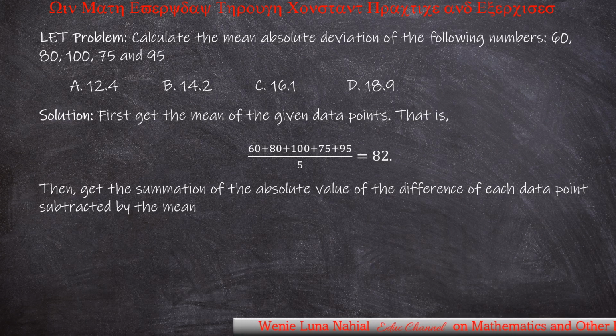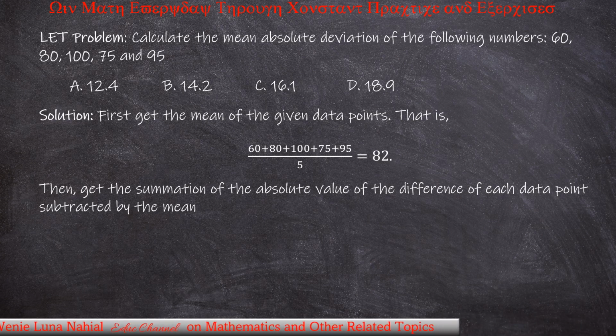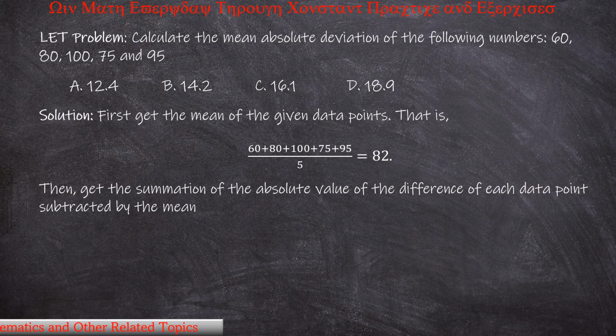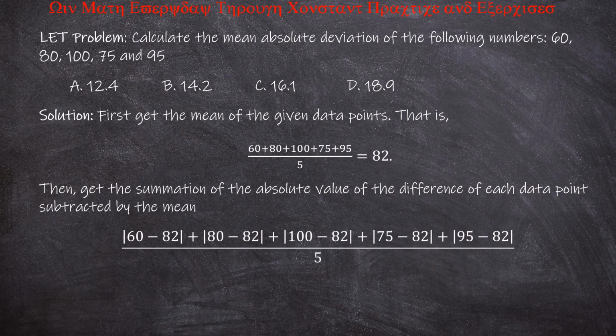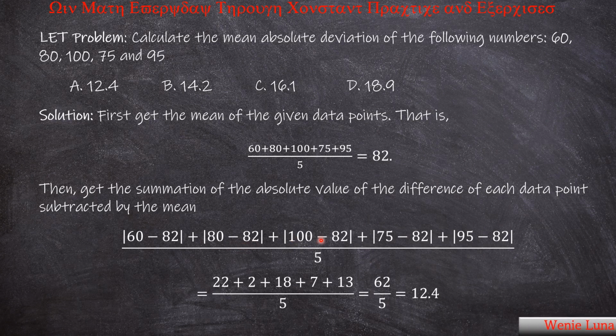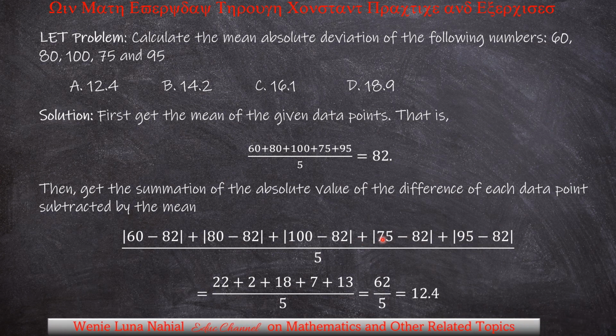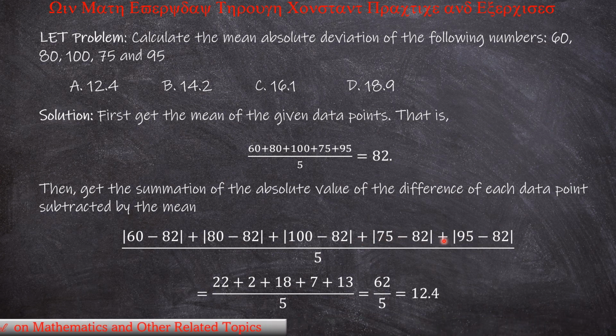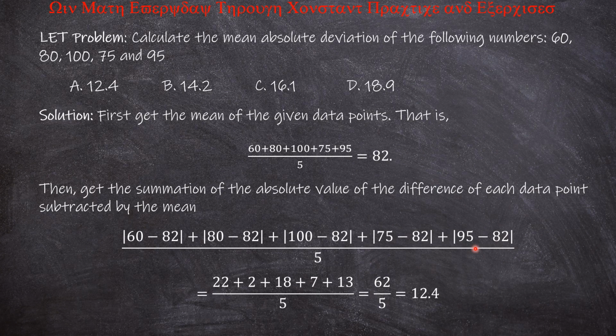Then get the summation of the absolute value of the difference of each data point subtracted by the mean. So we get the absolute value of 60 minus 82, plus the absolute value of 80 minus 82, plus the absolute value of 100 minus 82, plus the absolute value of 75 minus 82, plus the absolute value of 95 minus 82, all over 5.